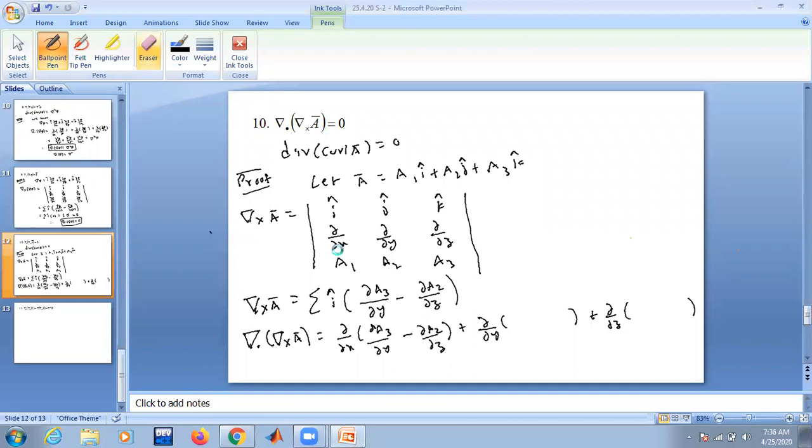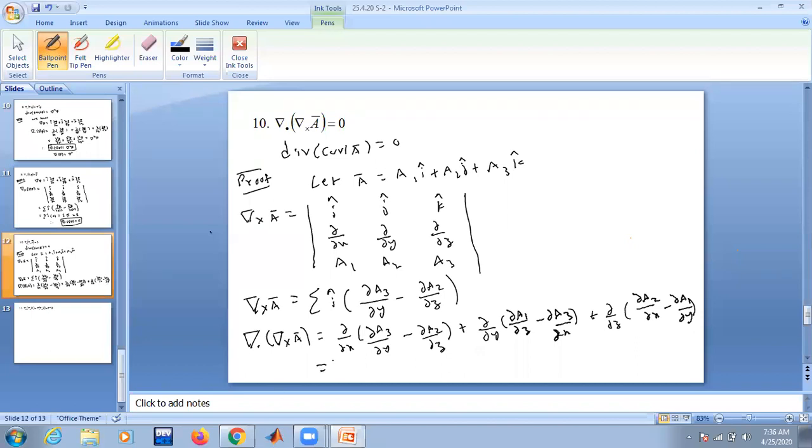Okay. Now can you tell me the remaining terms? Using cyclic order, dou a1 by dou z minus dou a3 by dou x. Next, using cyclic order, dou a2 by dou x minus dou a1 by dou y. Okay. Now write the expansion.